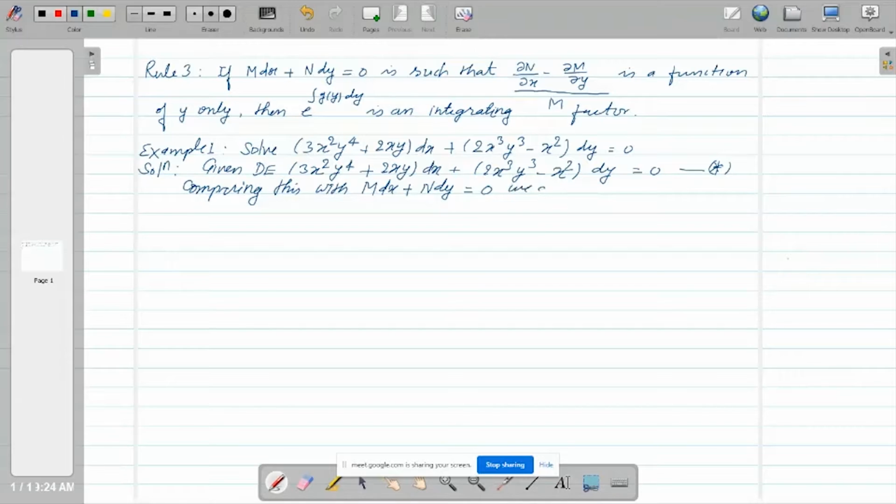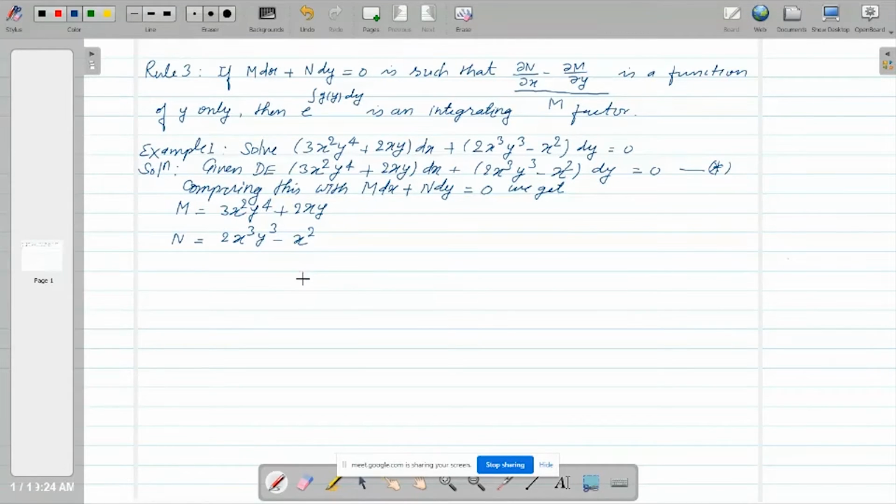we get M equal to 3x²y⁴ plus 2xy, and N equal to 2x³y³ minus x².